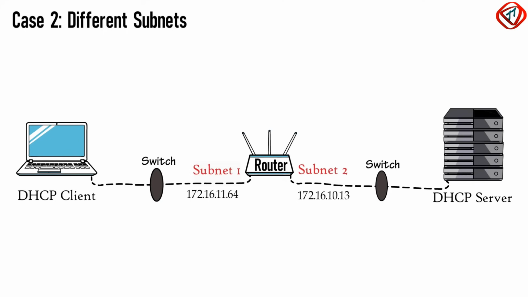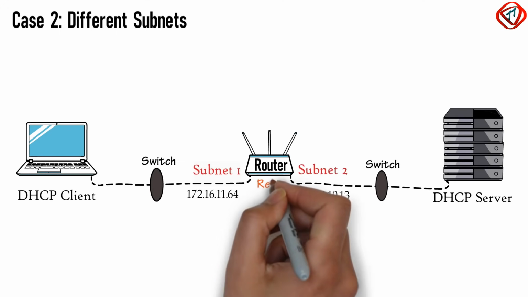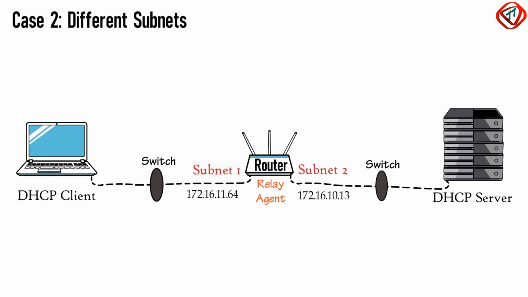Moving to the second case, that is, DHCP server is present in some other subnet. In such a case, the relay agent acts as a middleman between the DHCP client and the DHCP server. Discover message from the client is received by the relay agent.